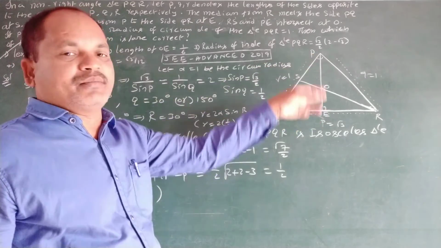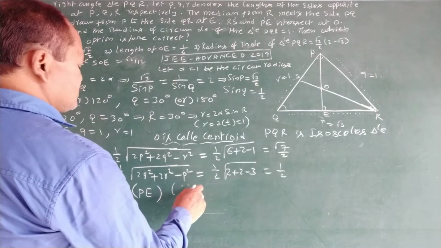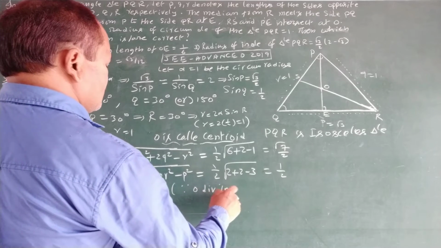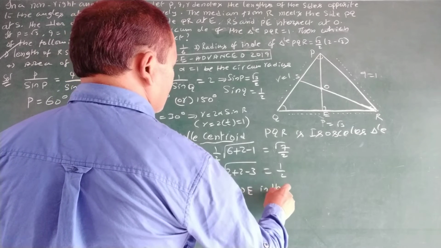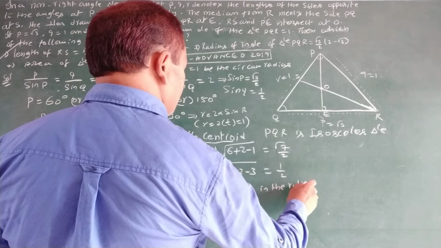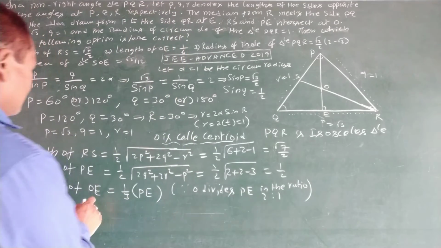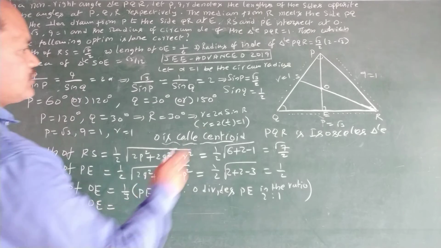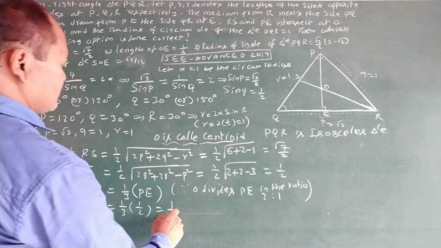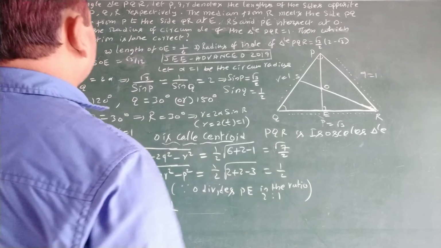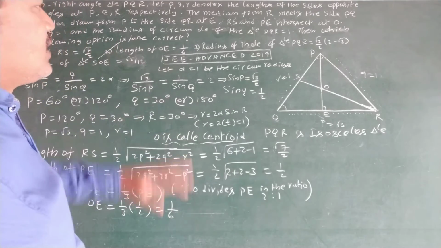Since PE is a median, O divides the median in the ratio 2:1. That's why the length of OE is equal to 1 by 3 into 1 by 2, that is 1 by 6. So the length of OE is 1 by 6. That is, the second option is correct.